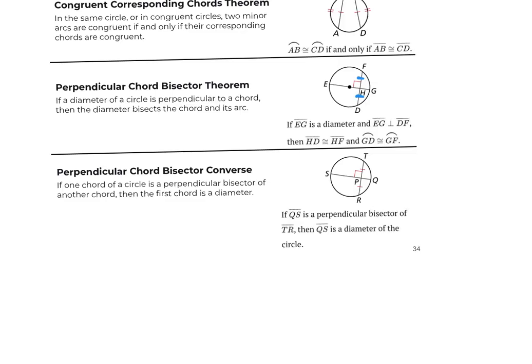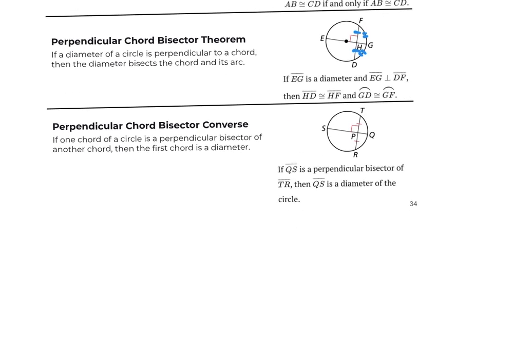So if the diameter splits another chord, it's going to split it in half. Okay, and that's basically what we're talking about here. The other thing that would be true is that arc GD would be then congruent to arc GF. So not only is the chord split in half, but that arc is split in half as well. So there's two pieces there that we can determine.